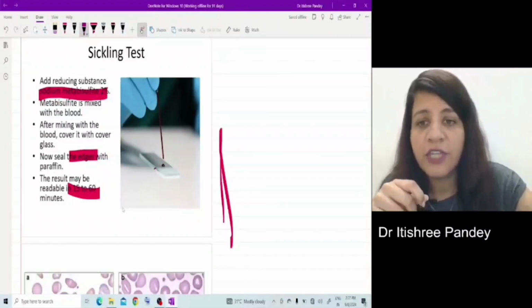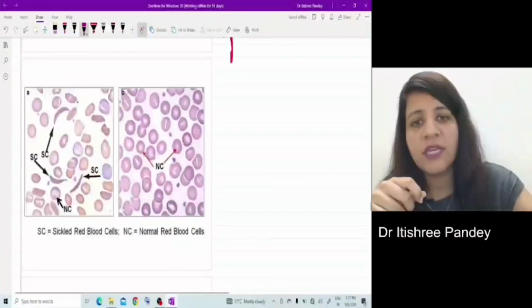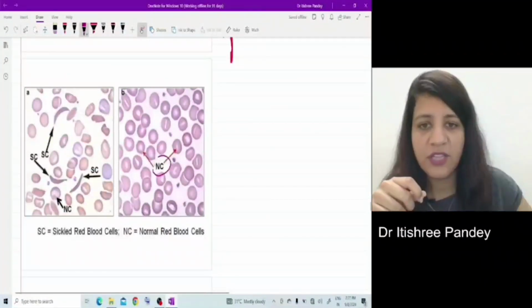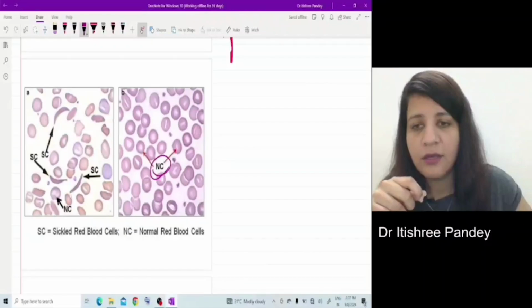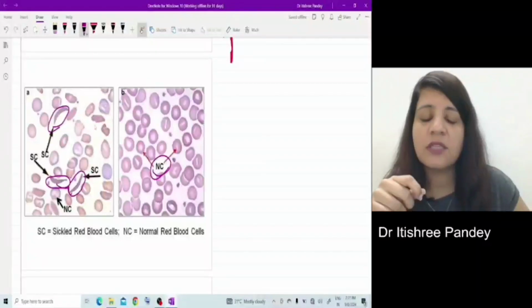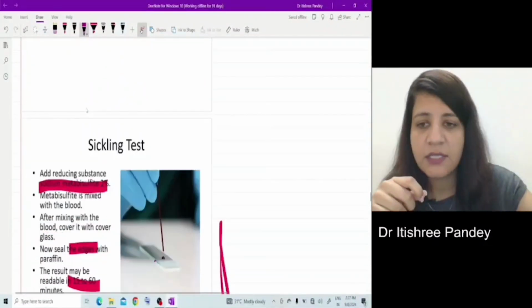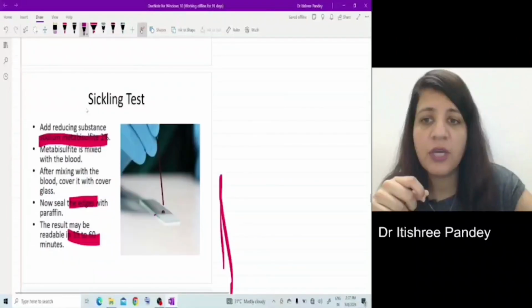And then after 15 to 60 minutes, the peripheral smear is read on microscope. As we can see, this is the normal cell, whereas in sickle, the smear will have sickle shaped RBC.